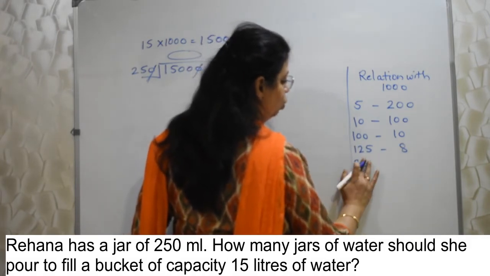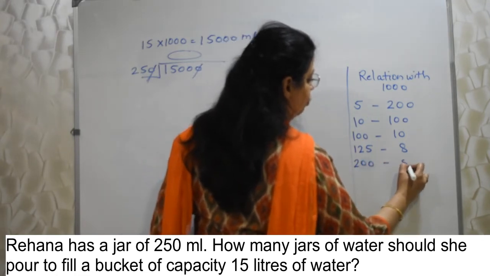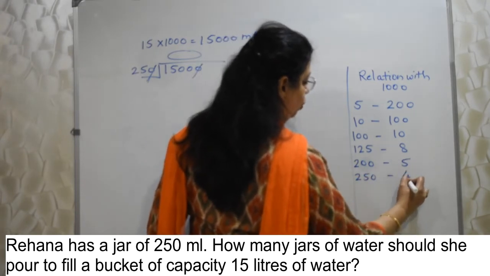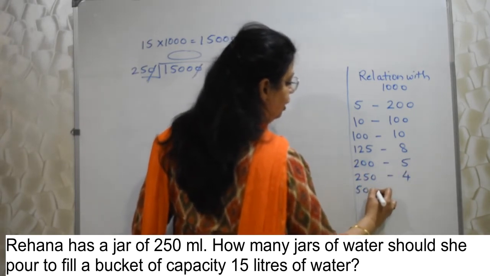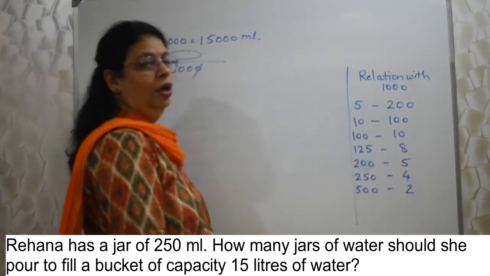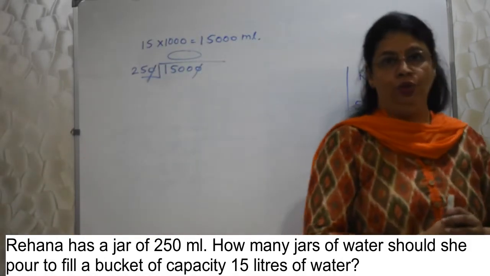If it is 200, the relation is of 5. If it is 250, the relation is of 4. If it is 500, the relation is of 2. What do I mean by relation with 1000?